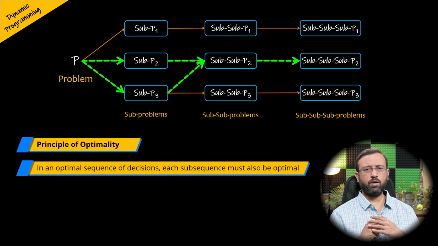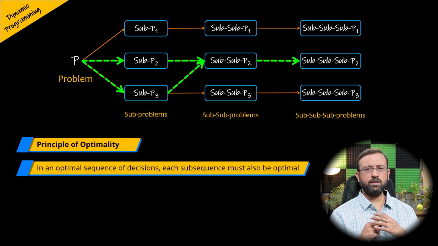In dynamic programming, an optimal sequence of decisions is obtained by using the principle of optimality. The principle of optimality states that an optimal sequence of decisions has the property that whatever the initial state and decisions are, the remaining decisions must constitute an optimal decision sequence with regard to the state resulting from the first decision.